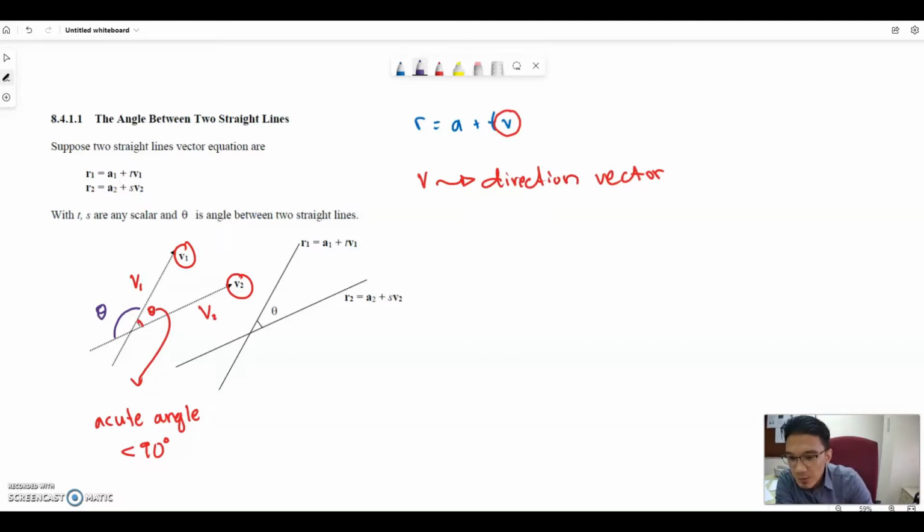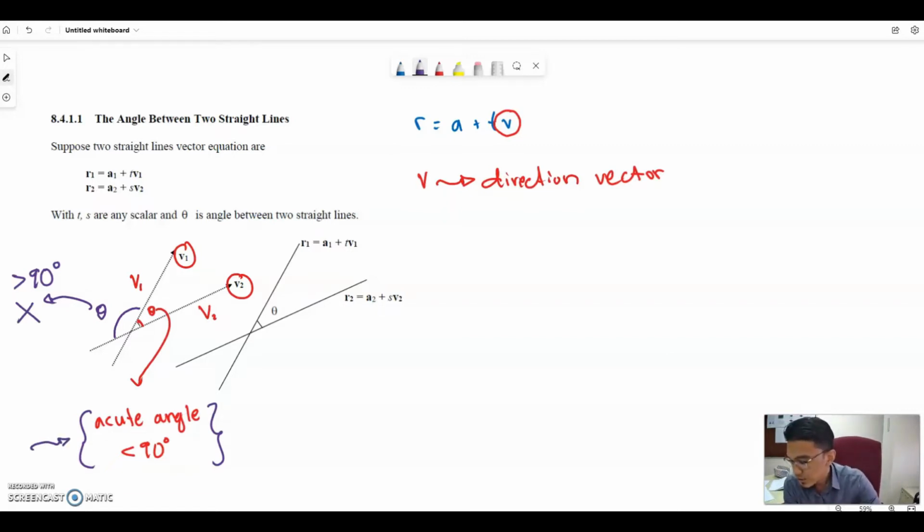The one that we calculate is always the lesser value of angle, which is always less than 90 degrees. The other one will be bigger than 90 degrees, but that is not the one we are going to calculate. We are going to calculate the acute angle.